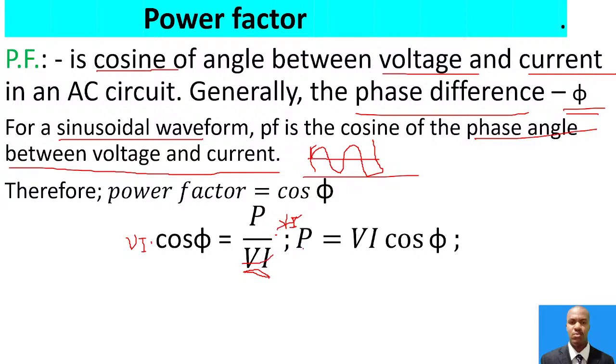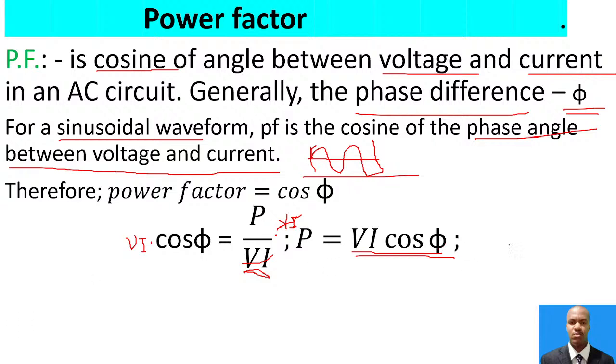Your formula now becomes power is equivalent to, now this power you're having on this side, this is the actual power, or the true power, active power of an AC circuit.